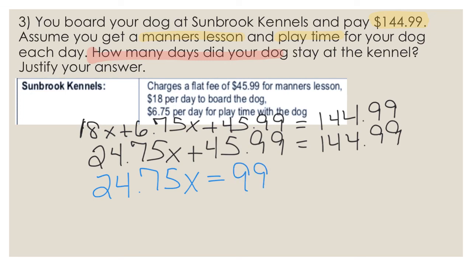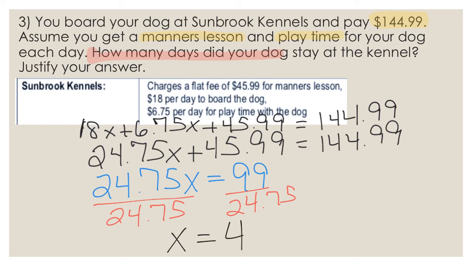Then I'm going to divide each side by 24.75. And I end up with x equals 4. So the dog spent 4 days at the kennel.